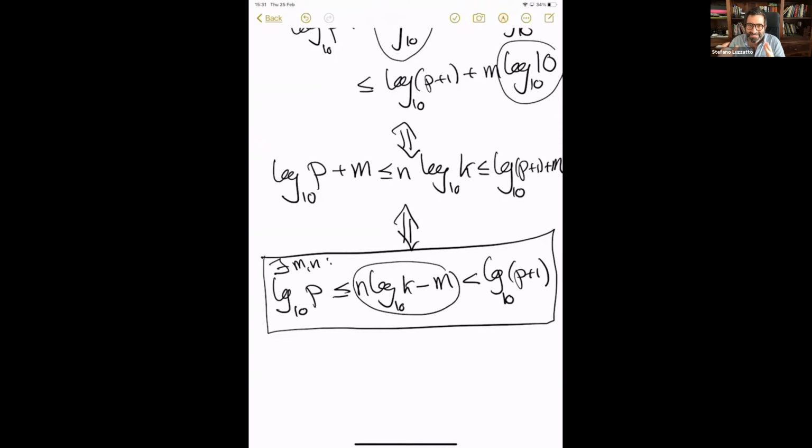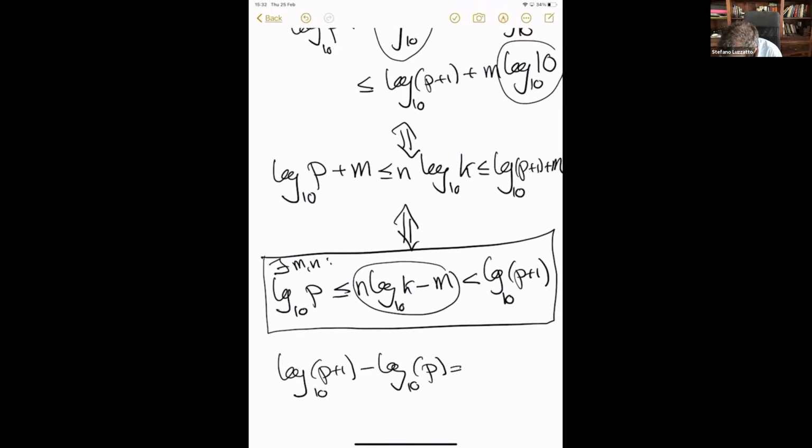How tight are our conditions? In other words, what is log base 10 of p plus 1 minus log base 10 of p? How big is that? Is this a big interval? Do we have a lot of space to play with, or do we have a very tight interval to play with?